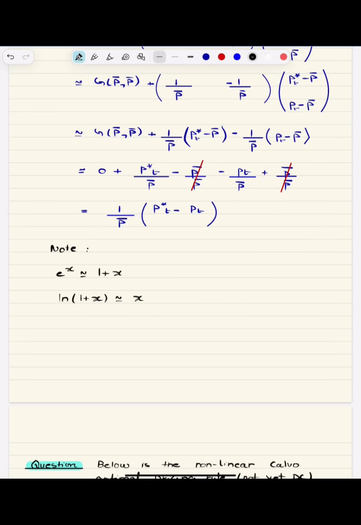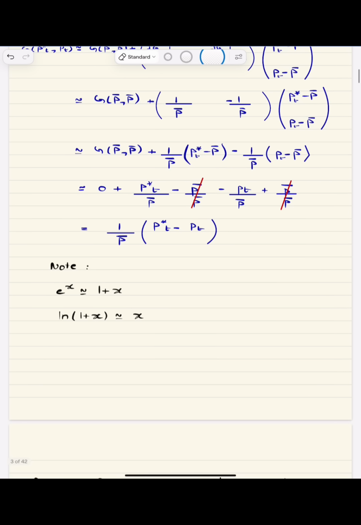So if I see a log of 1 plus x and I know that x is a small number, a fraction, then I'll just say it's approximately equal to x. So this is using the Taylor series to approximate a function, but because I needed a linear approximation, I will not take higher orders of this function because then my function will no longer be linear.